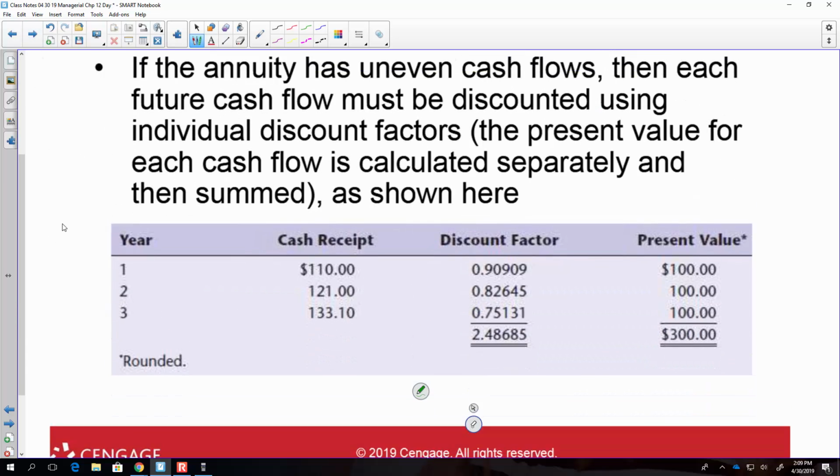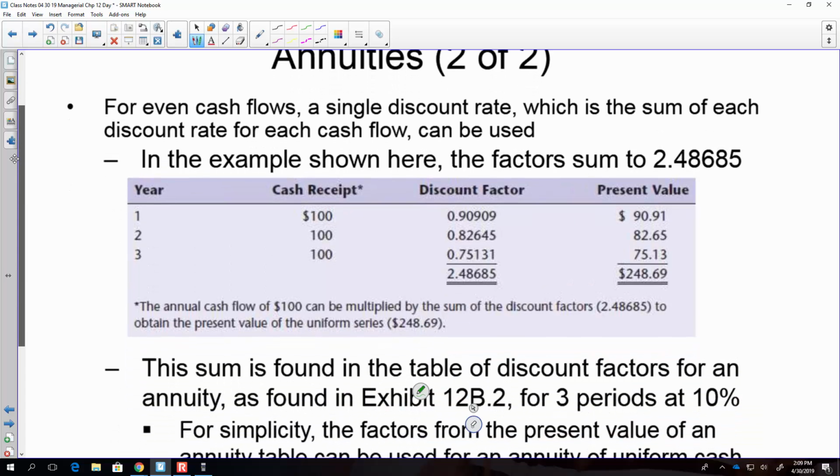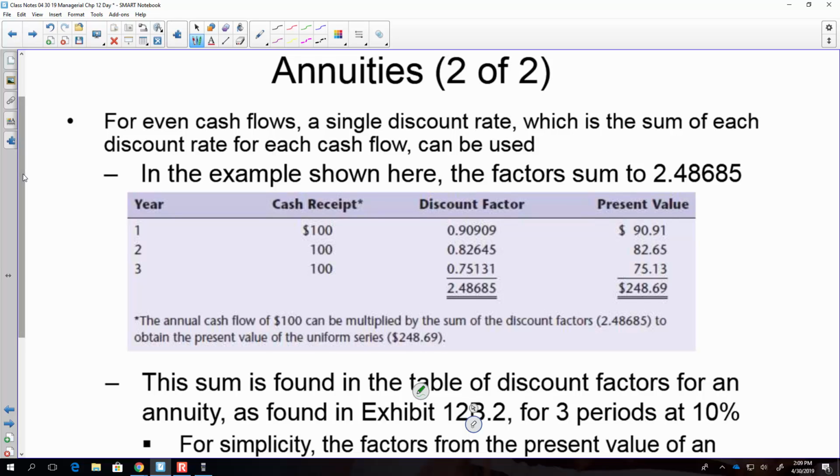You can see that here where the table gives us our discount factor for each year, right? Year 1, 2, 3, based on an interest rate that we want to earn on our investment. Annuity is that flow of money that's even, right? So much per year.